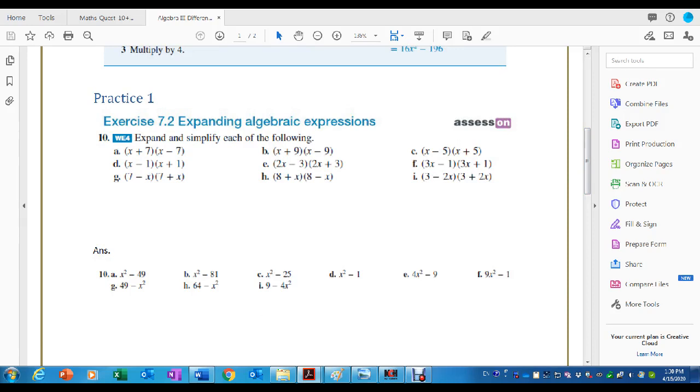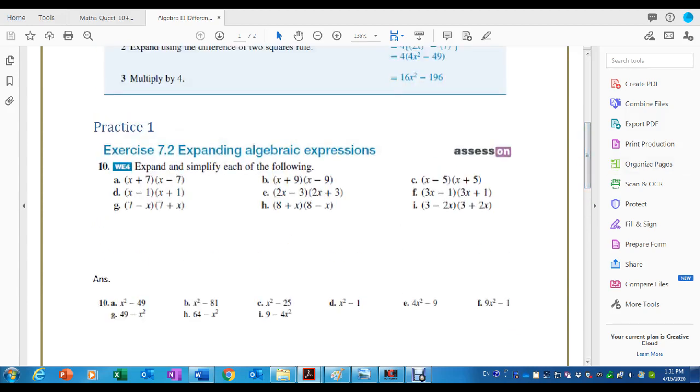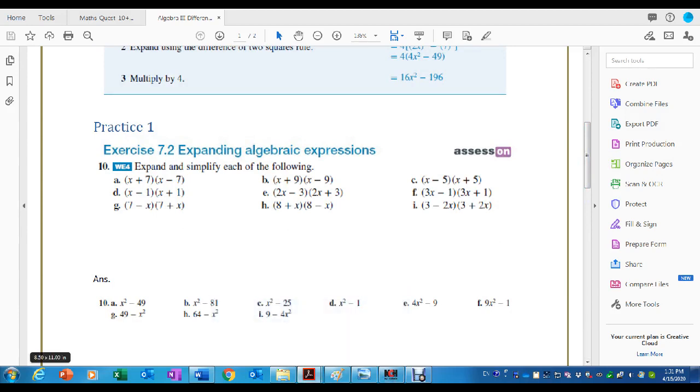Let's give you a bit of exercise to familiarize yourself with this type of question. Alright, try to do some questions in practice 1. Before you move on, remember to check the answers as well.